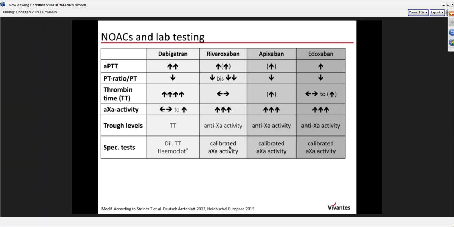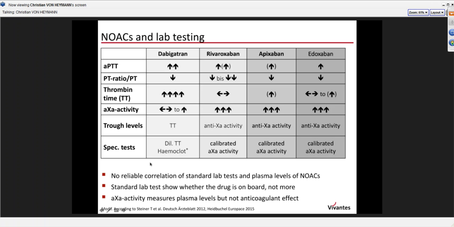So I would like to conclude we do not have a very reliable correlation of the standard lab tests like APTT and PT or PT ratio with plasma levels of NOACs. The standard lab just shows you with the APTT, if this is elevated in dabigatran patients, that the drug is on board, but it does not correlate very well with certain plasma levels.